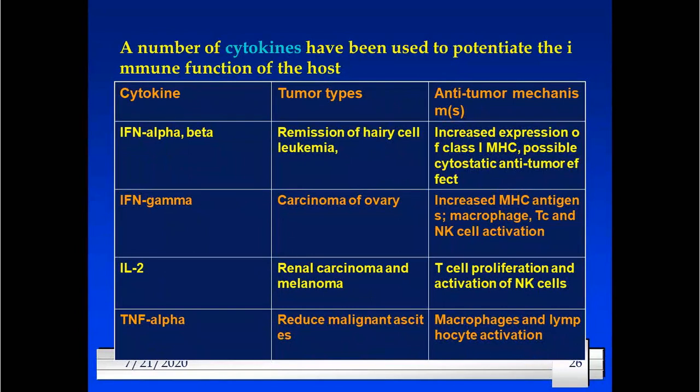Interferon gamma increases MHC also, and activates macrophages, natural killer cells and cytotoxic lymphocytes. Interleukin 2 is the growth hormone of lymphocytes. It leads to T cell proliferation and activation of natural killer cells. Tumor necrosis factor alpha also activates macrophages and lymphocytes.